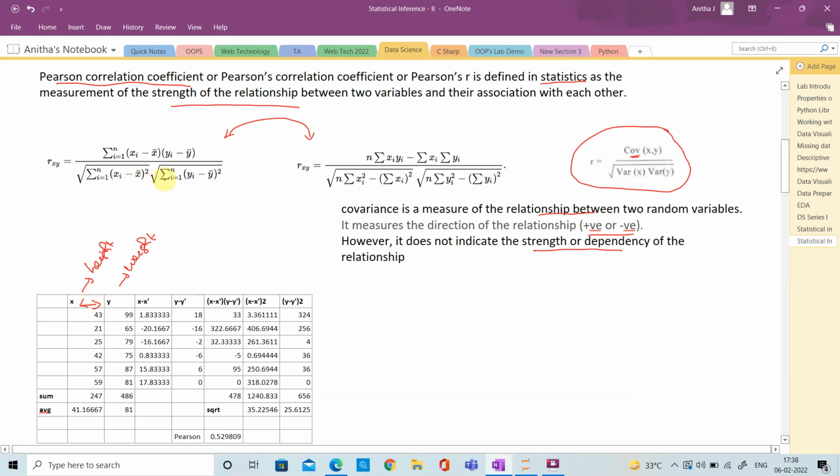To calculate that, I find the mean of x and the mean of y. Then I calculate x minus x dash, that is the first thing, for every data point, and then y minus y dash for every data point.